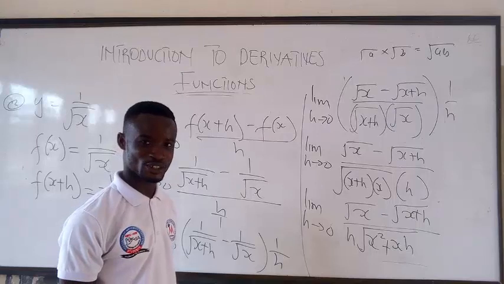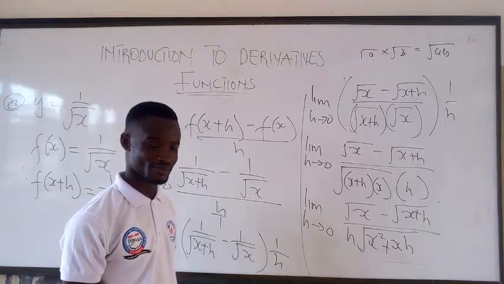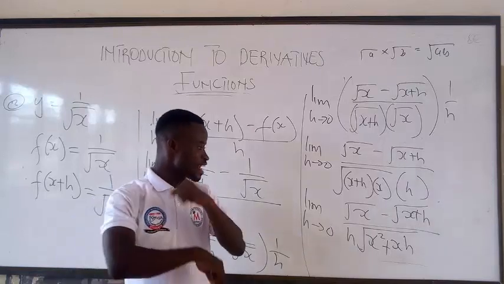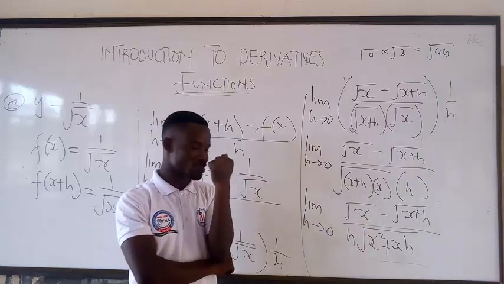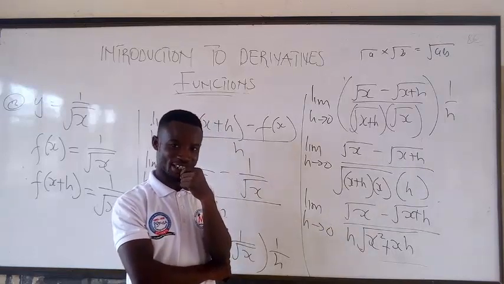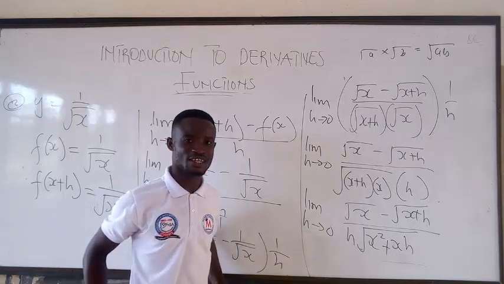Wow. What do you see now? Now let's see. If you like, let's try substitution of the h. Where you see h, put 0 there and see if it will work.